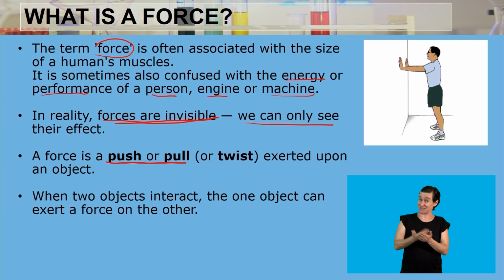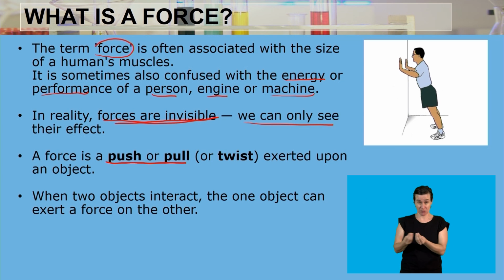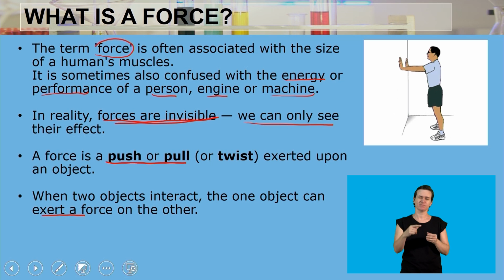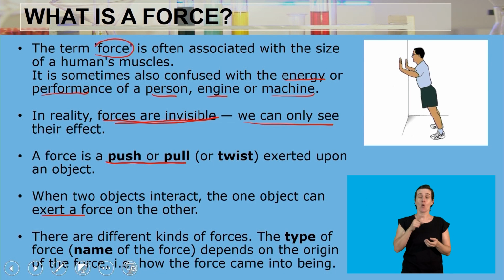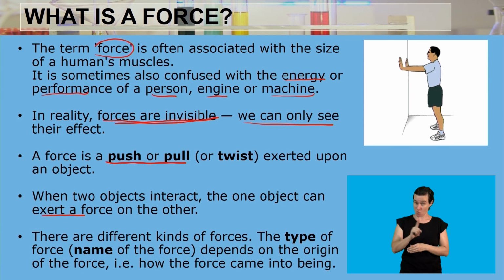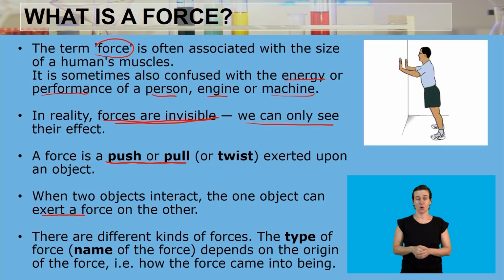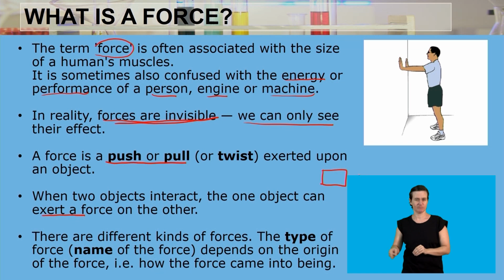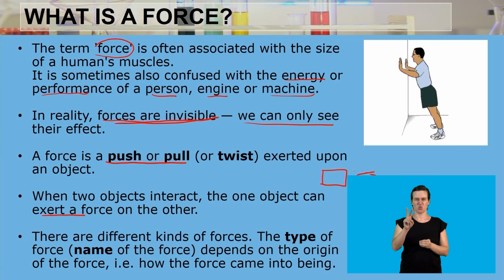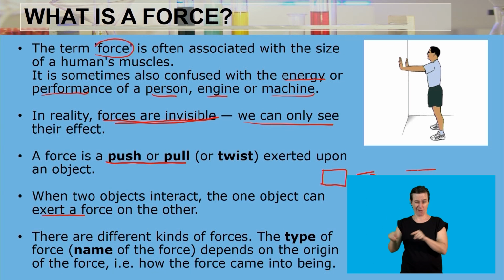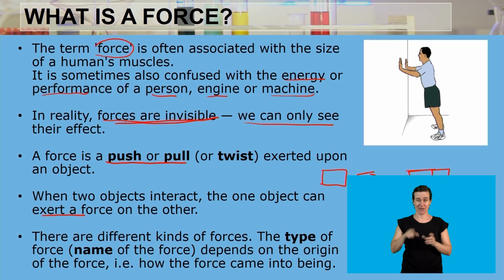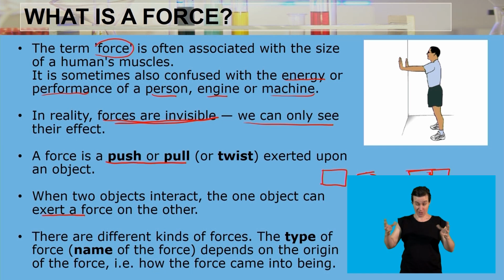So when two objects interact, one object can exert a force on another. The forces that you're talking about here, as we've said, are always acting in pairs. We can take, for instance, two blocks. Now when these two blocks collide, one of the blocks is going to exert a force onto the other block.